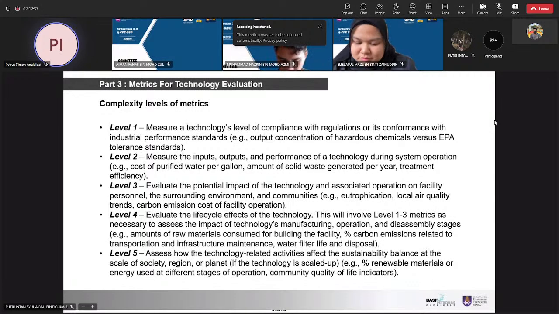The ecological perspective would usually involve level 3 in order to understand and track the environmental impacts. Furthermore, if you look into the sustainability analysis, they would have to involve level 4 at the community scales and level 5 at the economy scales.